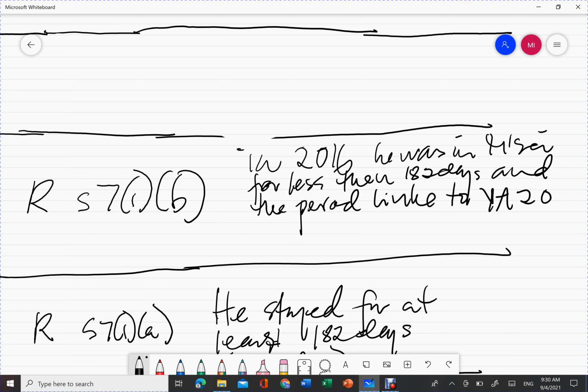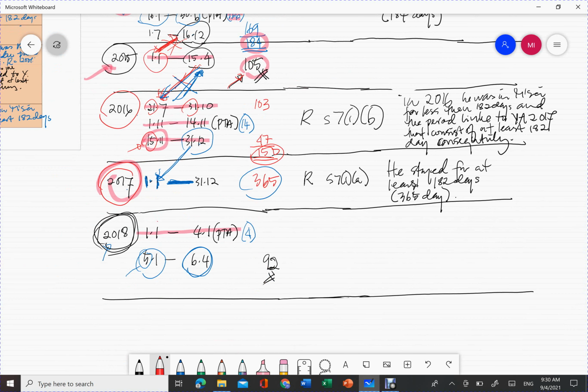Okay. So sekarang kita tengok 2016 dah. Let's take a look at this one. 2018 he only stay in Malaysia. Dia ada stay kat Malaysia. So nak pakai 71B, the first syarat tu ada. Now boleh tak kita nak link by dengan previous year? Bercantum kan period ni. Tapi actually during this period he was not in Malaysia. Dia tak ada kat Malaysia.